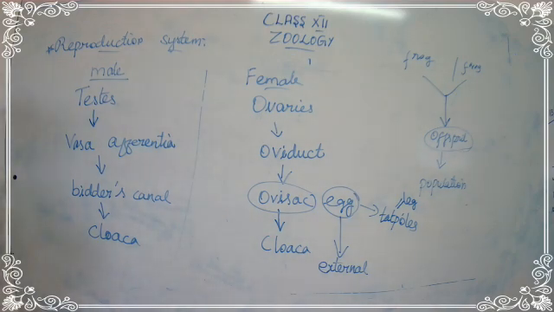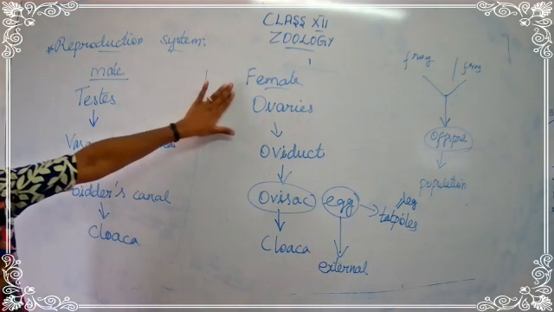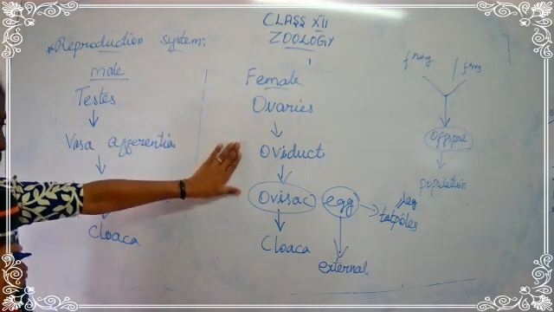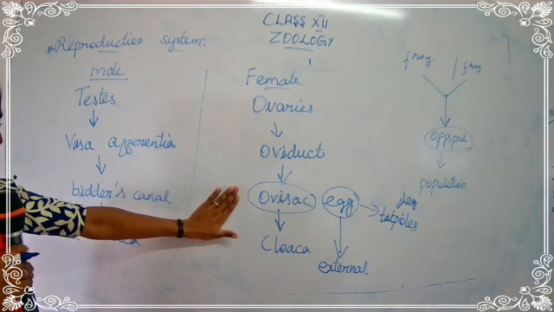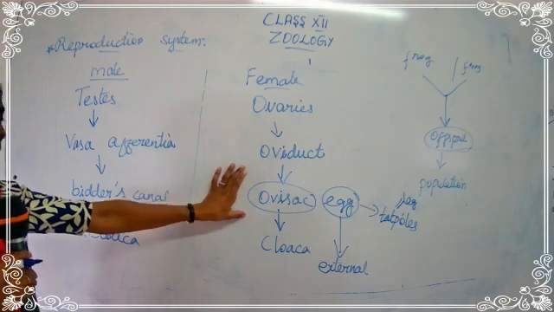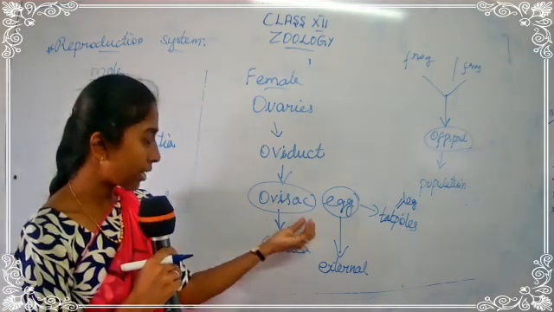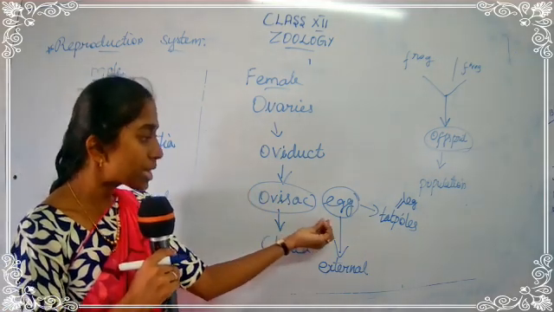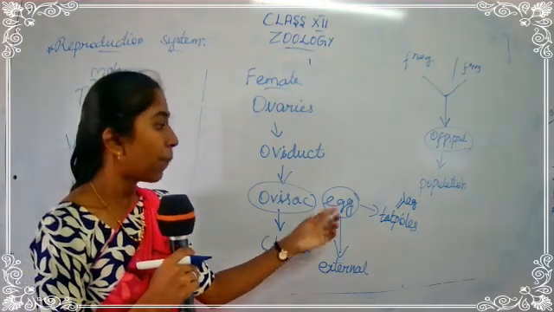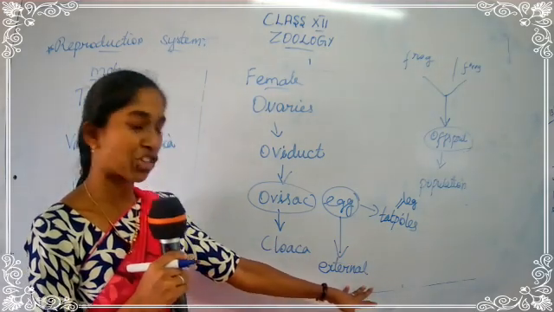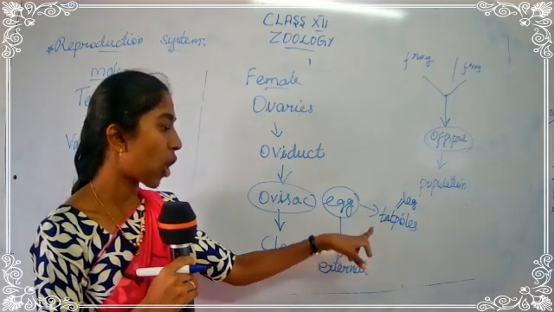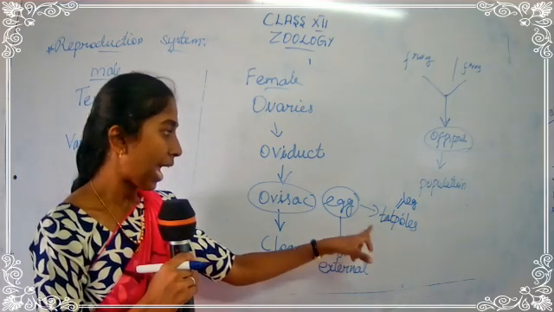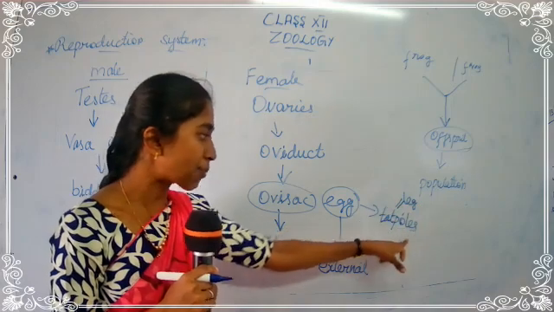Are you clear? The female reproductive organ is the ovaries. The ovaries consist of a pair of oviducts and the oviduct has an ovisac. This ovisac only has the capacity to preserve the egg, but fertilization is external. After the eggs come out they are fertilized and hatch into tadpoles.